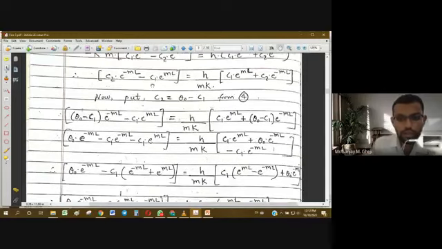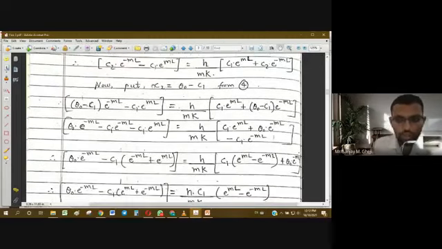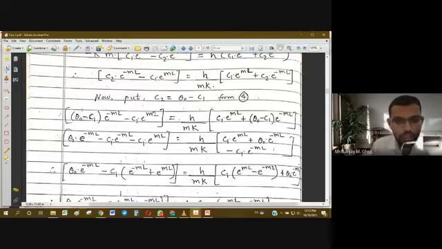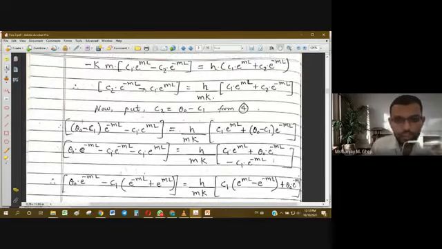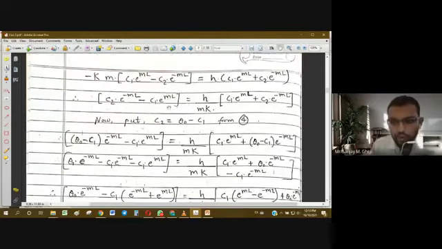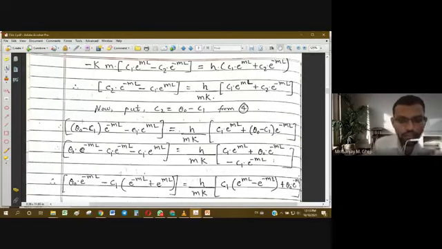Now I will not go into all the steps of simplification, because this is all algebra. What we are doing is trying to bring some of the terms into a common form. We collect the common factors on one side, and some other common terms on the right hand side.